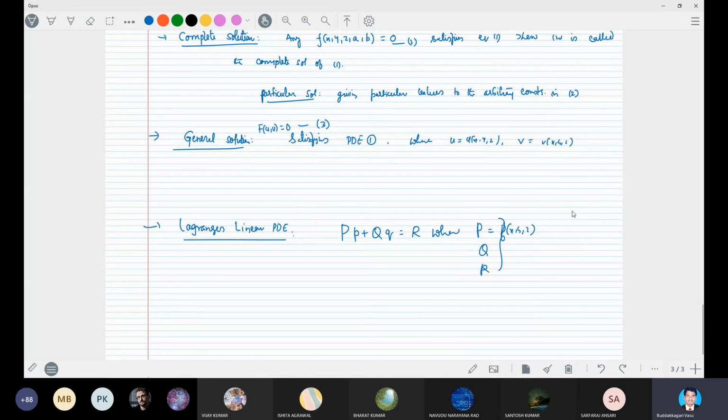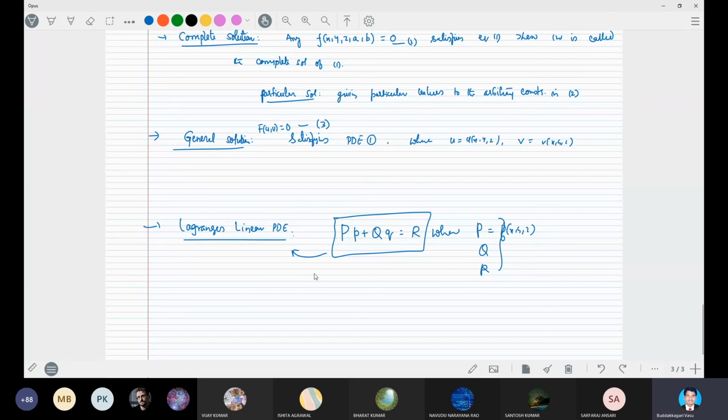A linear partial differential equation involving the dependent variable z and two independent variables x comma y, of the form P p plus Q q is equal to R, is said to be Lagrange's linear PDE.